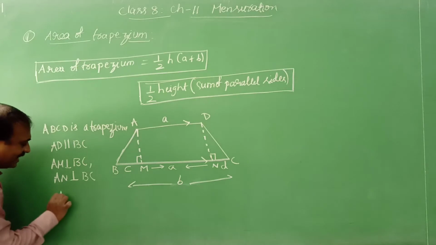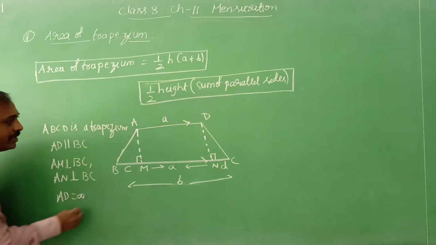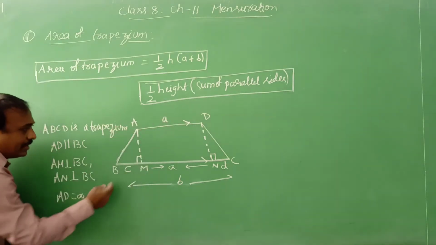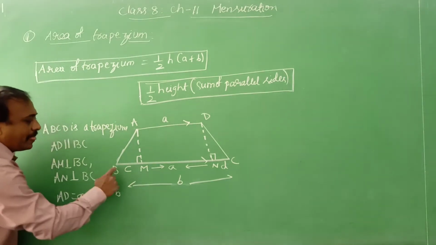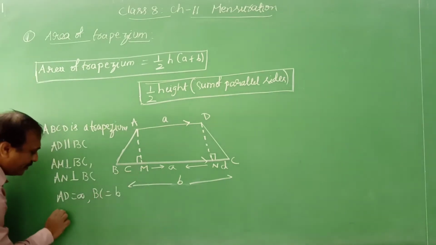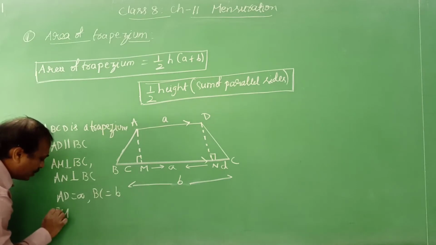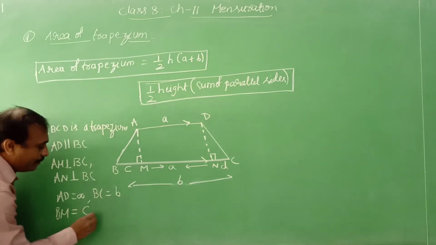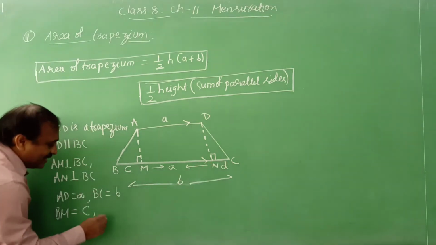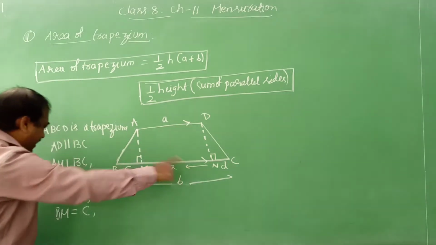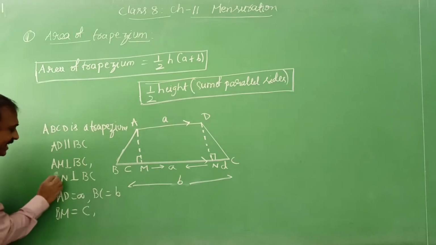Now here AD is equal to A, BC is equal to B, and BM is equal to C units. NC, observe it. DN, sorry, this is DN. DN is perpendicular to BC.